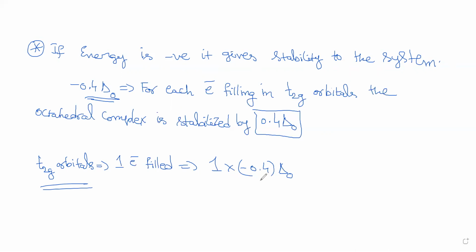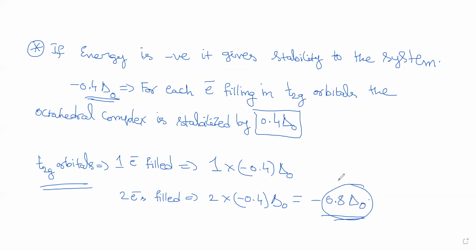So 1 into minus 0.4 delta naught if 1 electron is filled. If 2 electrons are filled, that means 2 into negative 0.4 delta naught, so it gives minus 0.8 delta naught. What does it mean? It means that the system is stabilized by 0.8 delta naught. Clear?